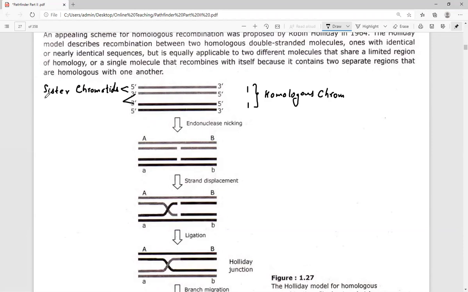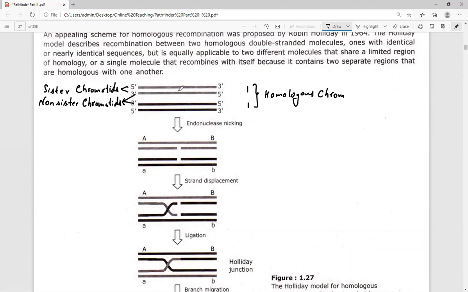These two are commonly called non-sister chromatids, and these are the ones which will be undergoing the exchange of genetic material.